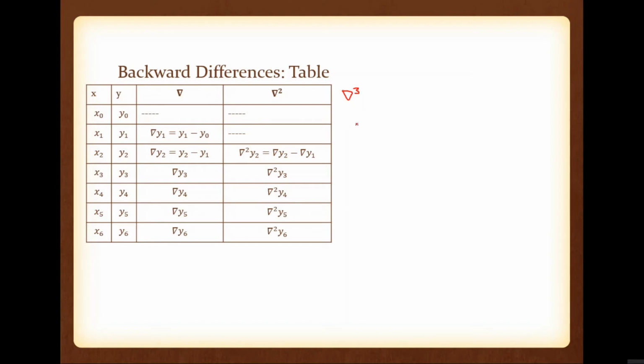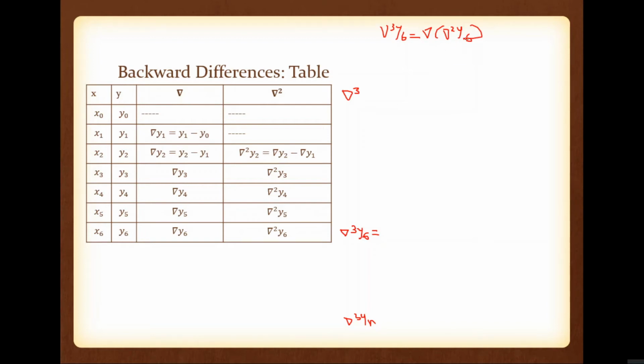If you are finding del cube, always start from the bottom one. So if you have xn, yn, we have to find first del cube yn, but here the last data is y6, so we have to find del cube y6. What is del cube y6? Del cube y6 is equal to del of del square y6, because we can take one delta outside. This one is an operator, symbolic representation, and this one is data.